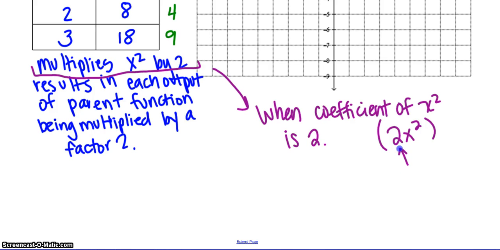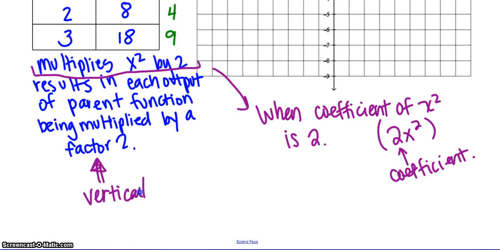That's your coefficient. So that's a good reminder from the first couple of units. What happens is that we end up with, some of us call it tall and skinny, but technically this is a vertical stretch. So our graph undergoes a vertical stretch.